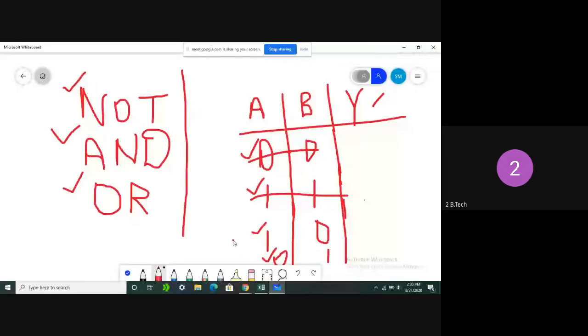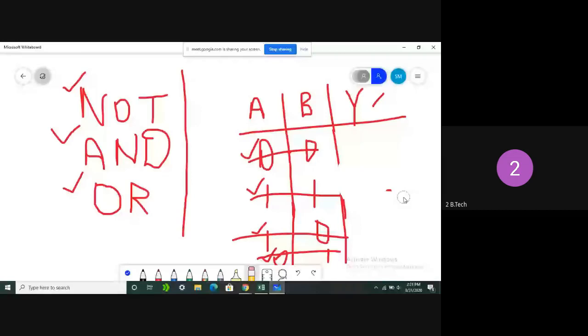So these are the four combinations we can apply at the input side. Is that clear, all of you? Yes, sir.